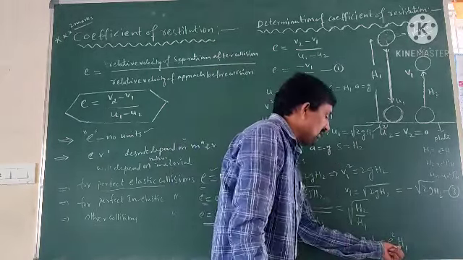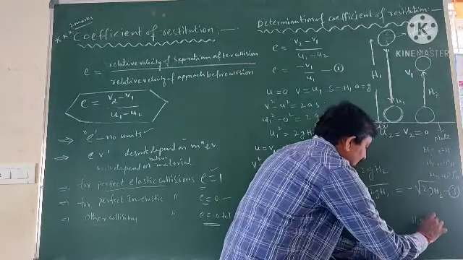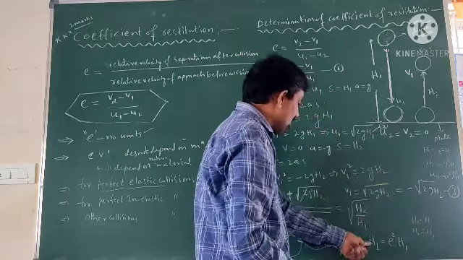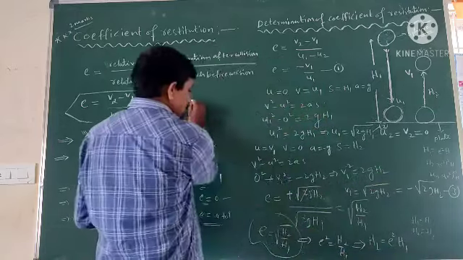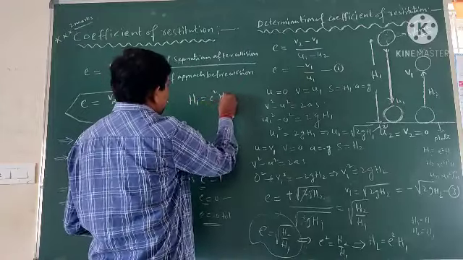Instead of h1 is equal to h and h2 is equal to h1, the equation is written as h1 is equal to e square into h.